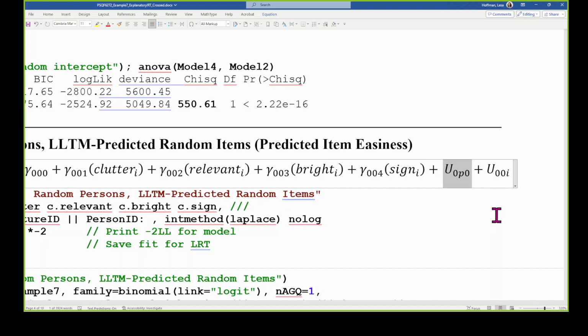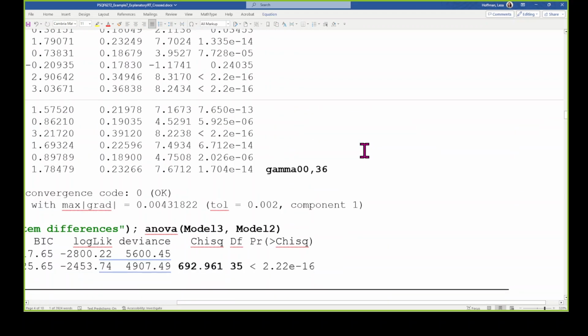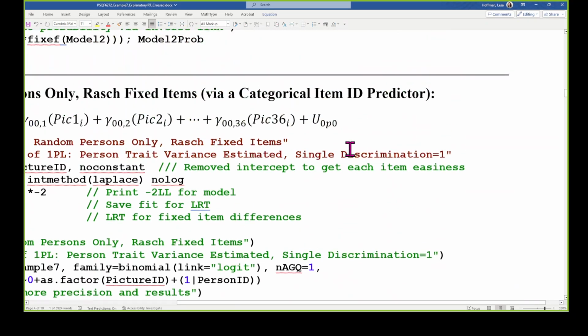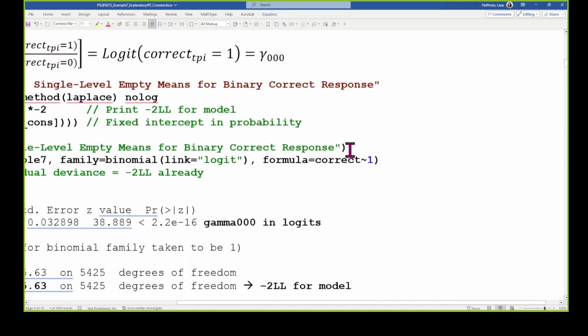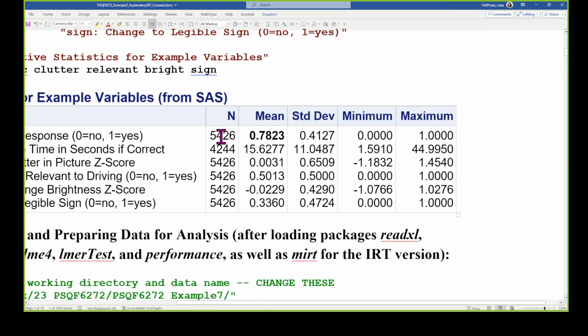Well, each item is a trial, right? 36 for one person, times 155, 5,400. I'm not doing that math in my head, but I'm going to go back up to the table where I know the answer. So this is the number of trials, 5,000 and some odd.